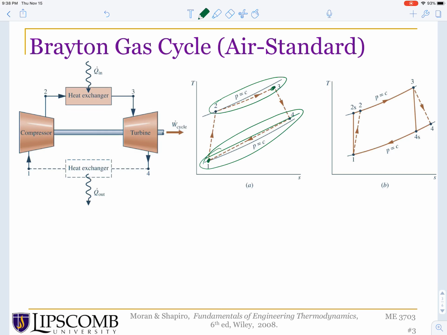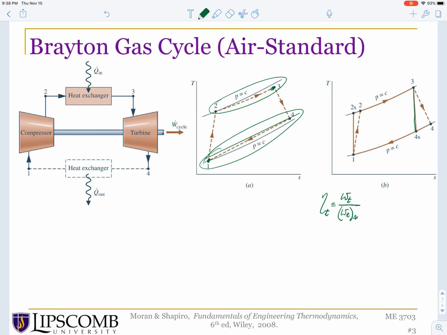So just to rehash that again, the isentropic efficiency of the turbine is defined as the specific work that you actually get out of the turbine divided by the specific work you get out of the turbine if it were isentropic, reversible. So looking at state 3 to 4, well, state 3 to 4S represents our isentropic turbine performance.